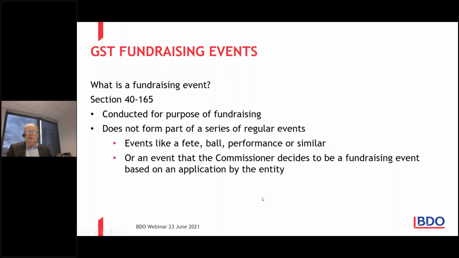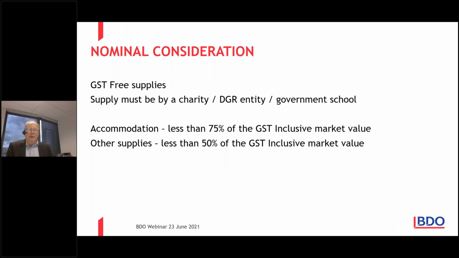And the additional area that sits within the GST is that some supplies by a DGR entity. So again, it comes back to the transactions. Some of the transactions can be GST free. That is, if you're a Kiwi, you'd talk about it as being zero rated.